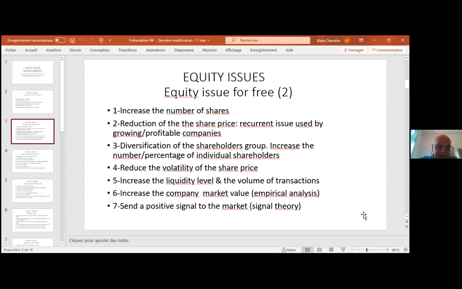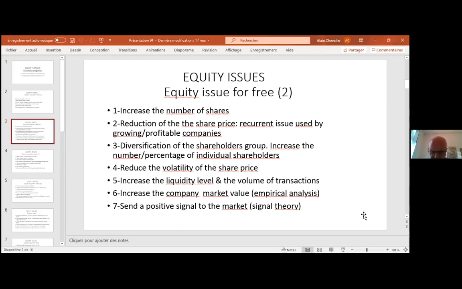And a signal has an impact on the behavior and the decision of the shareholders, and it can be a positive signal, it can be a negative signal, it can increase the value, it can decrease the value of a firm. So many decisions are signals in finance and have consequences on the market value of a share, of course.